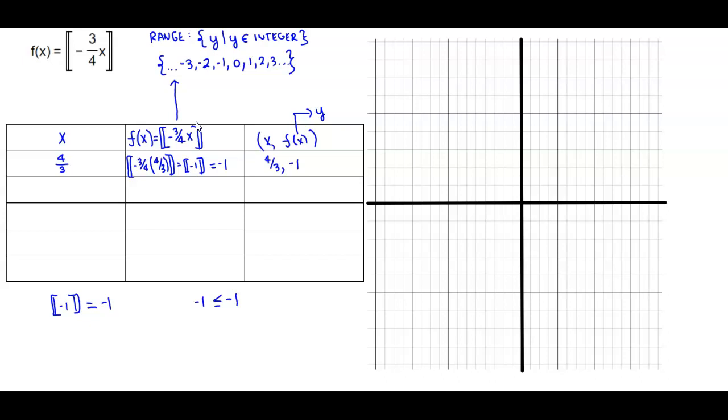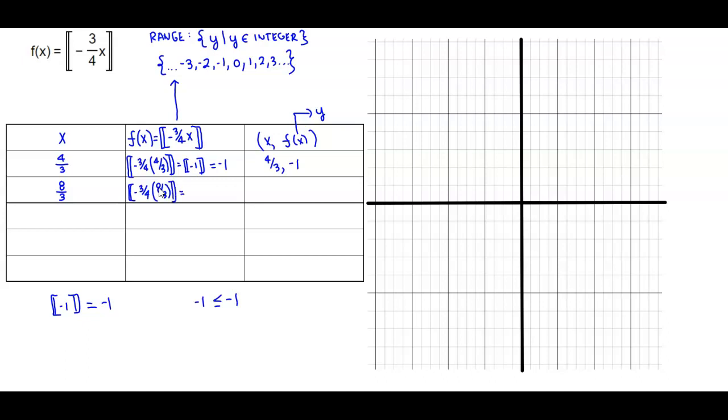Now next, let's pick another fraction that's going to give us a numerator that is divisible by 4. We already got 4 thirds. Now let's take a look at 8 thirds. So we plug that in: -3/4 multiplied by 8 thirds.